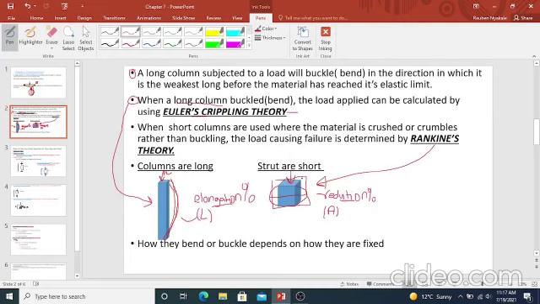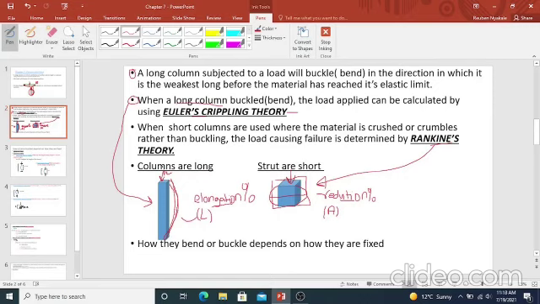Now strut deals with short columns, and we are using Rankine to determine struts. Then Euler looks at the long columns. What's going to happen when the force is applied on the long columns? That's what Euler deals with.